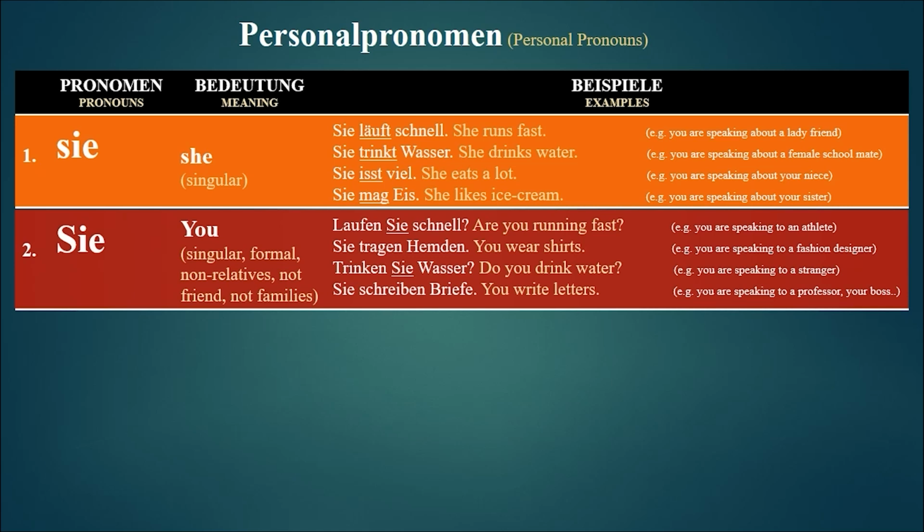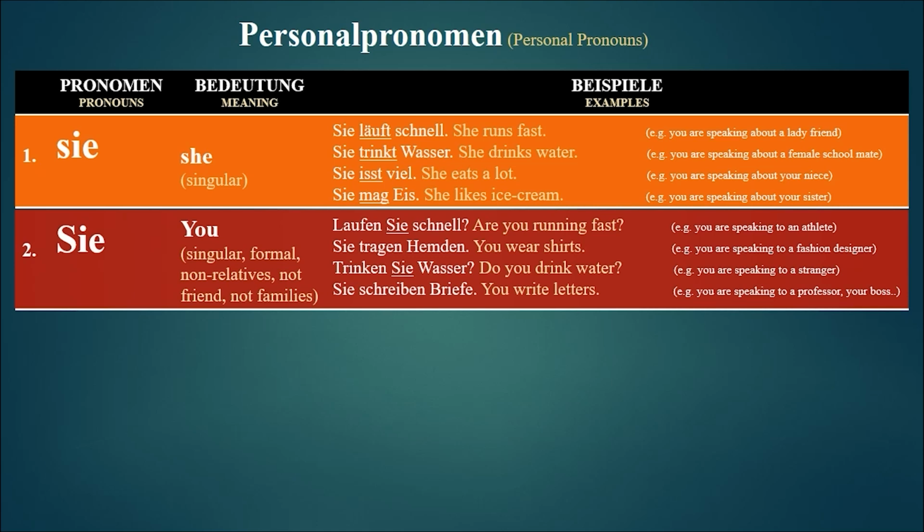So we have again, Sie tragen Hemden. You wear shirts. For instance, if you were speaking to a fashion designer. Next you have trinken Sie Wasser, and again take note, the Sie starts with a capital letter. Wherever this formal way of addressing a particular person is used, in this case referring to one person, the S is always in capital.